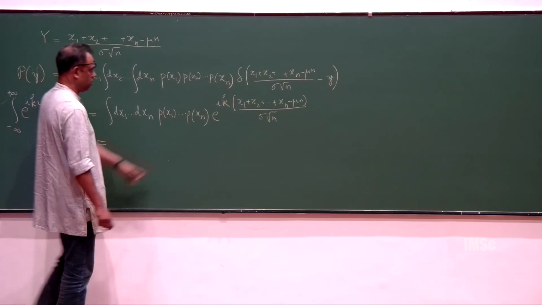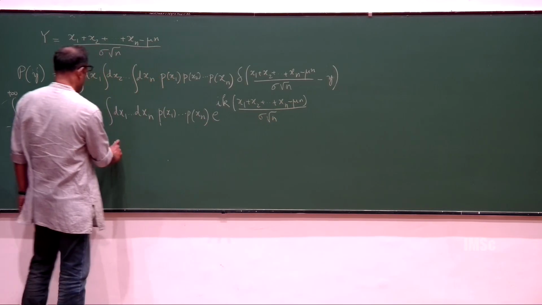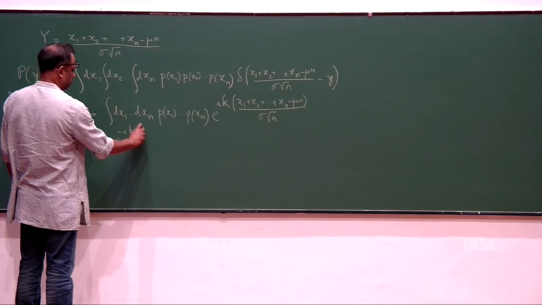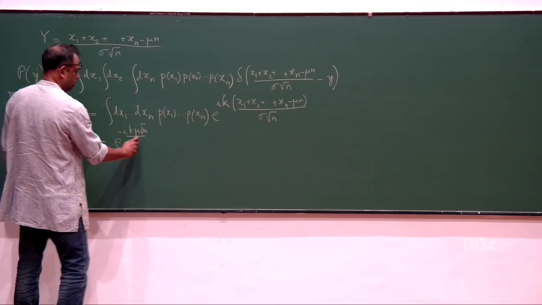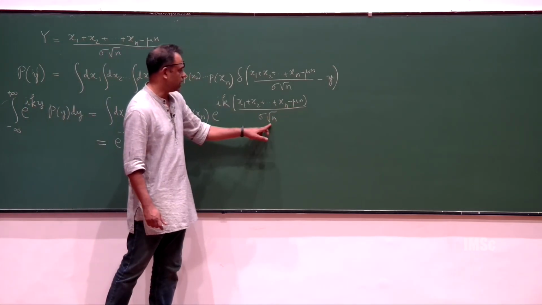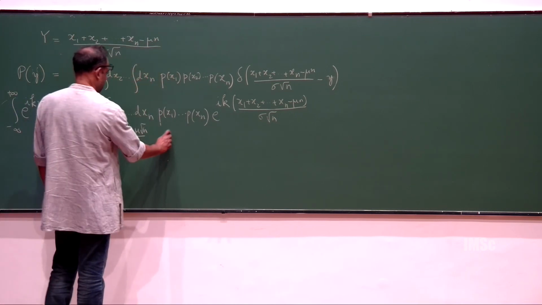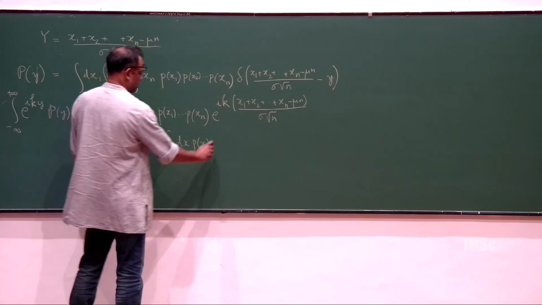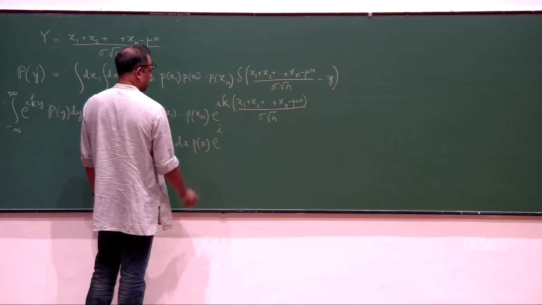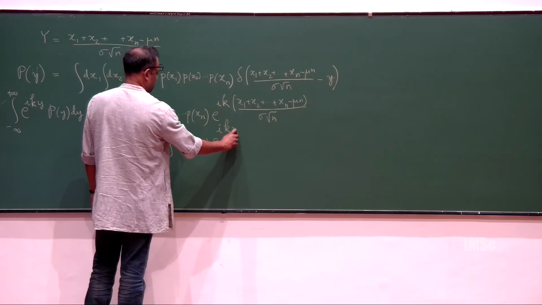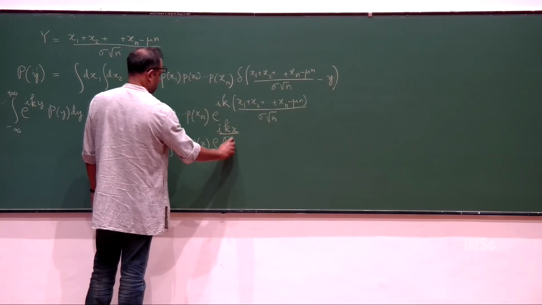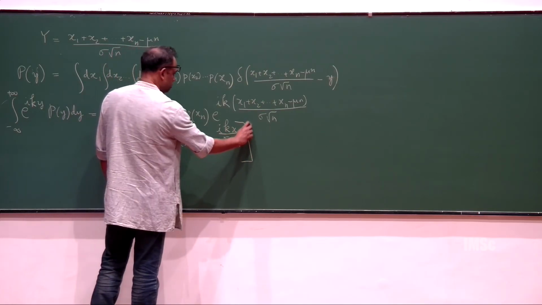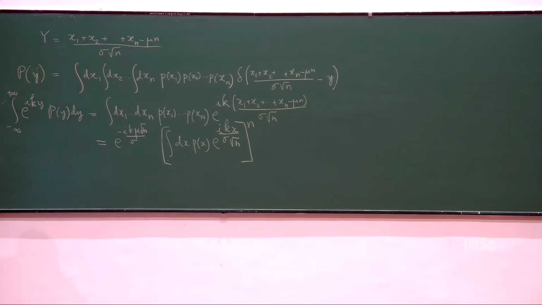So I first pull out this one, e to the power minus i k mu root n over sigma, that is this i k into this last quantity, and the remaining is the integral dx p of x e to the power i k x over sigma root n. Right, they are all identical integrals.